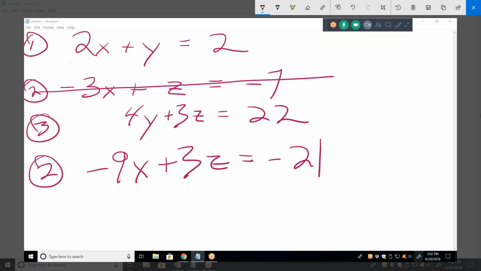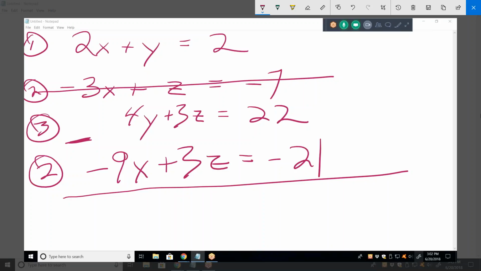So now that they're both there, should I have made it negative? Well, let's do a subtraction, just so you know you can do it. So I'm going to subtract 3 minus 2. That's going to get rid of the z, right? In other words, 3z minus 3z is no more z's.